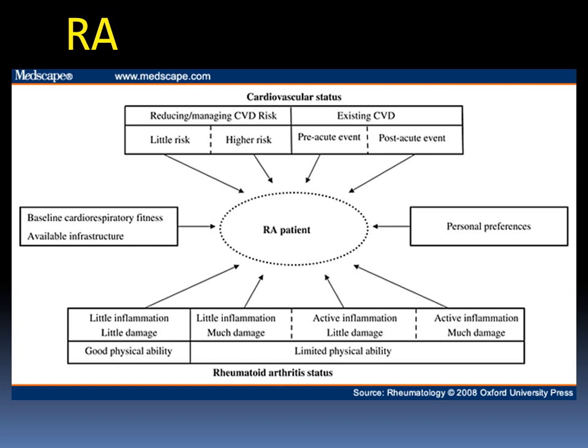If we move over to the right of the screen where we've got active inflammation, so again in that flare-up phase, and there is a large amount of joint damage, we also need to consider our exercise prescription, and the type of exercise that we are going to be prescribing is going to be limited as well. So the damage to the joints or the inflammatory response are going to help dictate to us what type of exercise the individual will be able to perform.